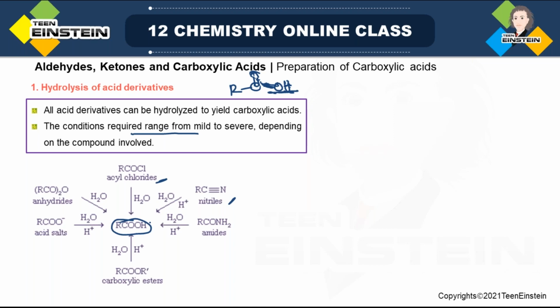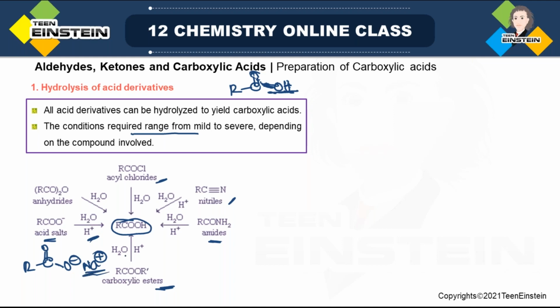It is not considered among derivatives because you do not have the RCO group. Amide will require harsh conditions. Then you can take an ester, RCOOR prime. You can take even an acid salt, that is RCOO minus with a metal salt. That also can be taken. It is basically simply protonation.